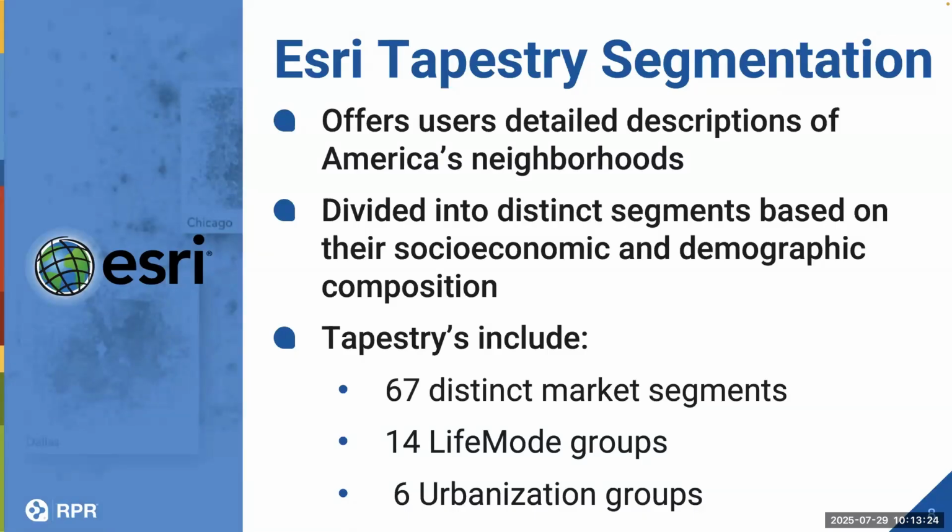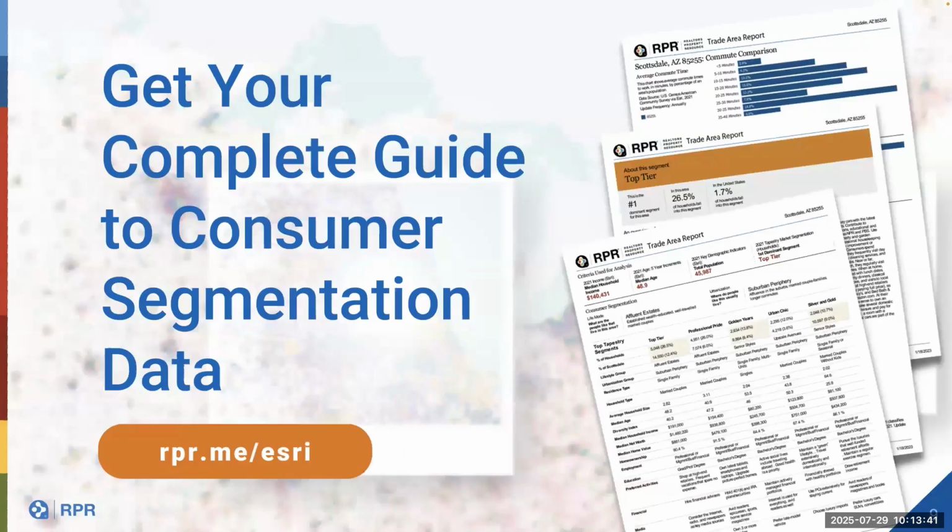And then that filters down to smaller, distinct market types, life mode groups, and urbanization groups. So you can really take a look at the weave that makes up markets all across the country.